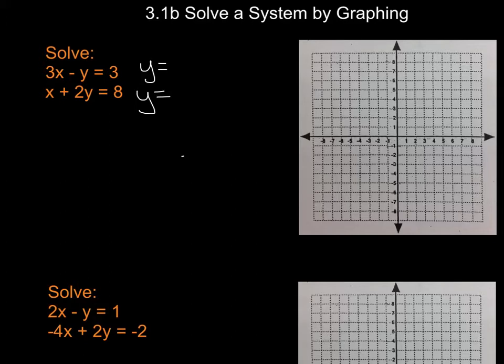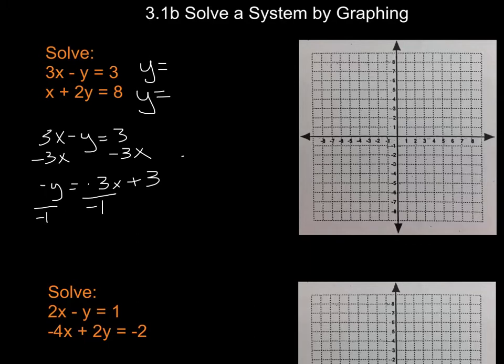So for the first one, 3x minus y equals 3. I'll need to subtract 3x from both sides to get y by itself. So negative y equals negative 3x plus 3. And then I'll need to divide through by negative 1 so it's positive y equals, not negative y equals.